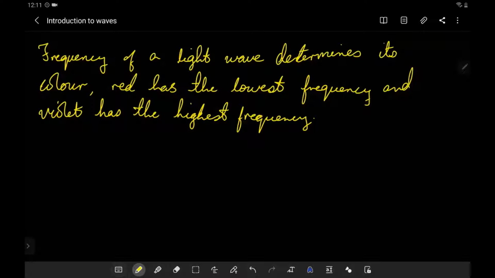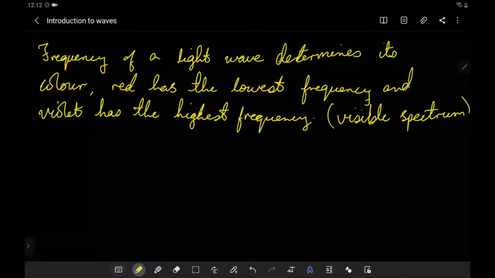Of course, this is of the visible spectrum, so I should probably put in brackets here, visible spectrum. That is the light we can see. I believe in the last class we saw that radio waves also travel at the speed of light. So radio waves are light waves. When we come to that, we'll see it.